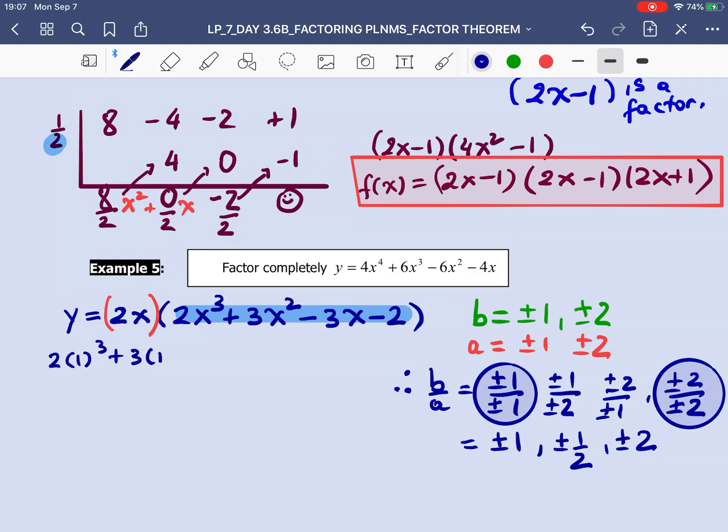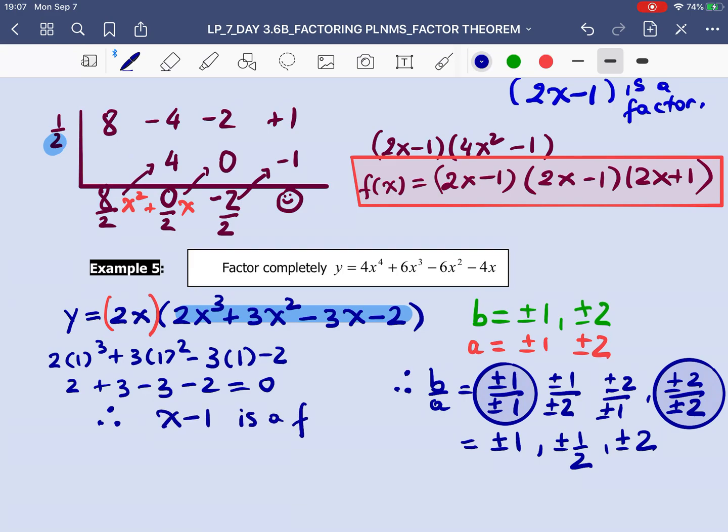So 2 times 1 cubed, plus 3 times 1 squared, minus 3 times 1 minus 2. So that will be 2 plus 3 minus 3 minus 2, which is 0. So we've hit the jackpot with the first attempt. We're going to say that x minus 1 is a factor.